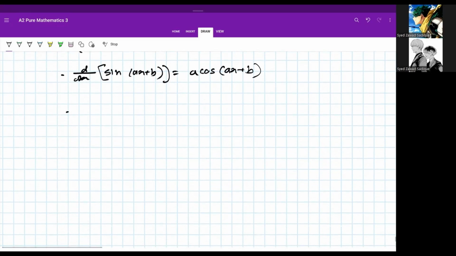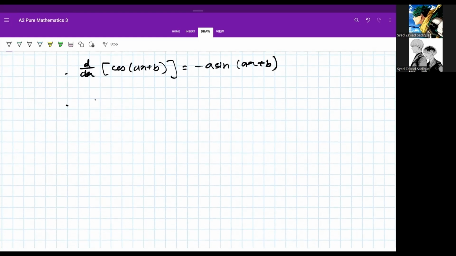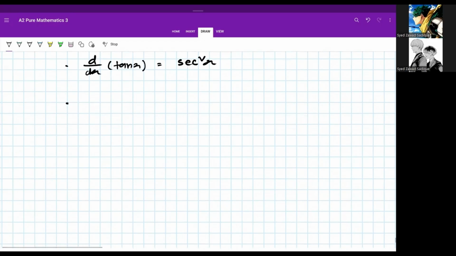Then d by dx of cos ax plus b is minus a sine ax plus b. d by dx of tan x is equal to sec square x. d by dx of tan ax plus b is a sec square ax plus b.